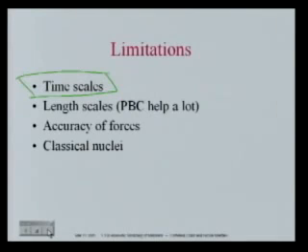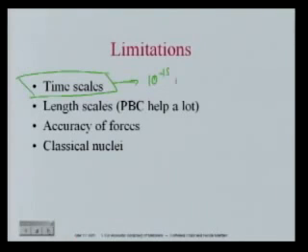A classical problem is how a protein folds itself into its native state, and this is a process that can take seconds. So we have the issue that all our calculations take place on time scales of 10 to the minus 15, and often we need to reach physical properties that are of the order of seconds.